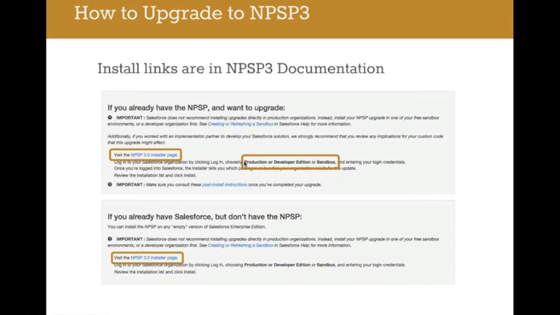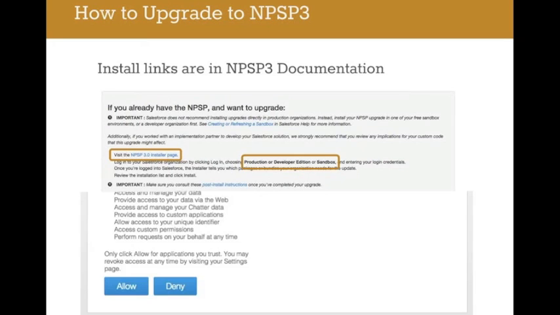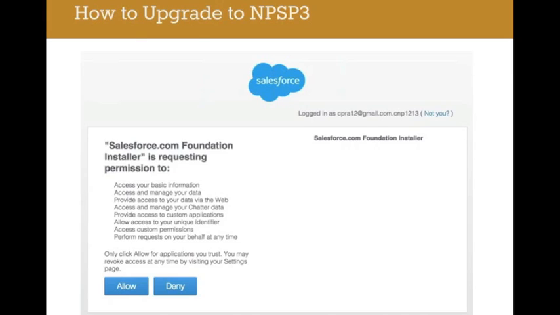As you'll see, they say this works for sandboxes as well as production and developer editions. It's the same link. When you install in your sandbox, you go to the installer page, and when you come back later to put it into production, you go to this same installer page.